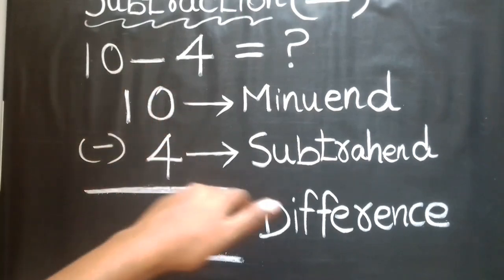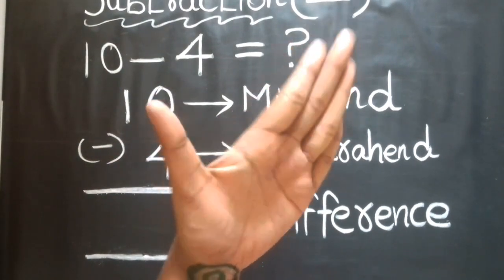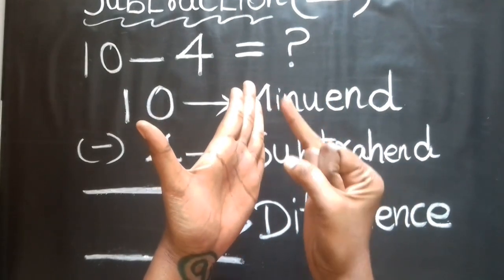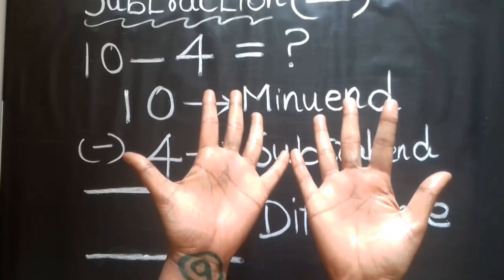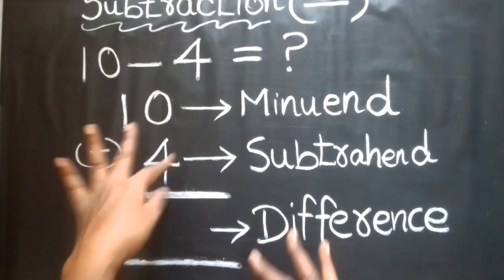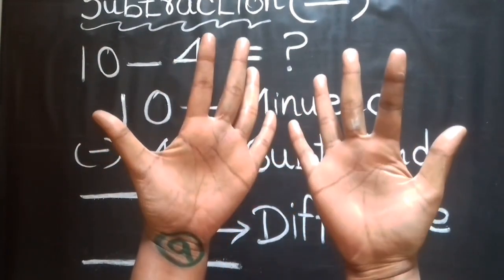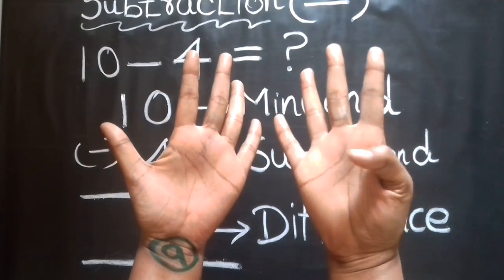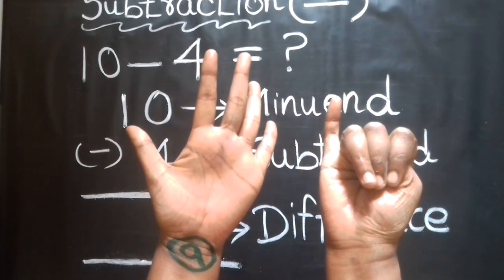Number 10. 1, 2, 3, 4, 5, 6, 7, 8, 9, 10. How many fingers we need to fold down? 4. So out of 10, we need to fold 4 fingers. So 1, 2, 3, 4.